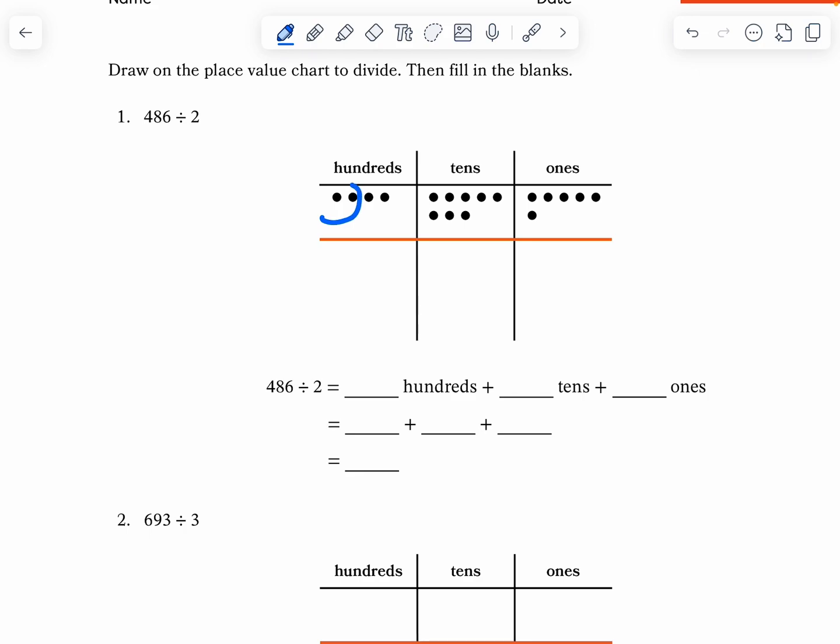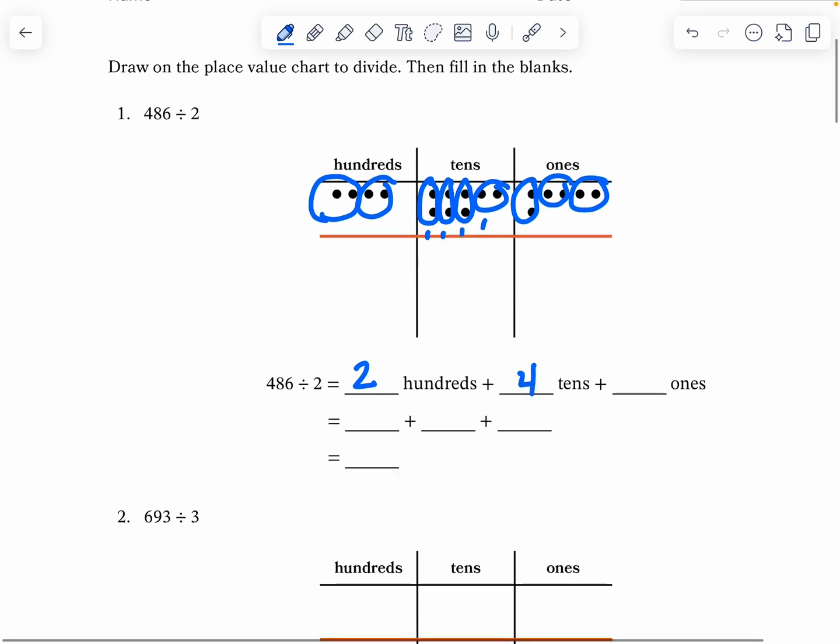So 1, 2, 1, 2, 3, 4, 1, 2, 3. So that gave us 2 groups of hundreds. 4 groups of 10.